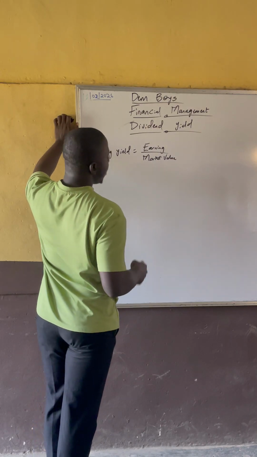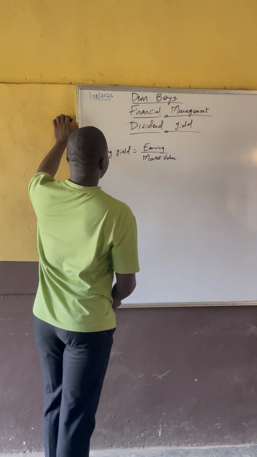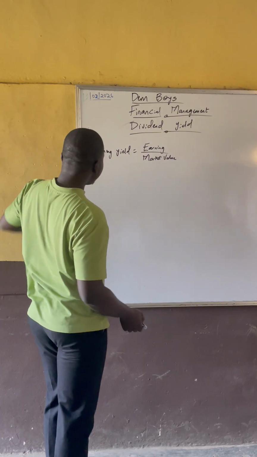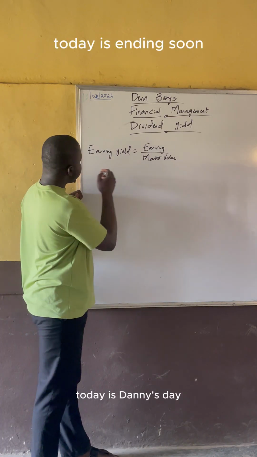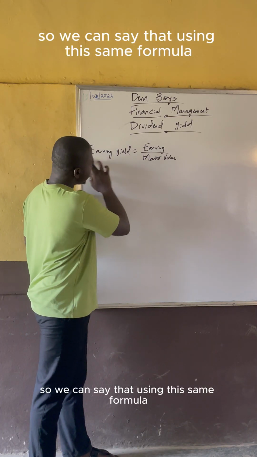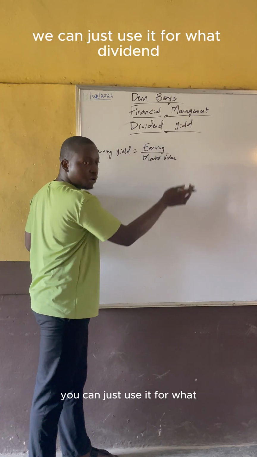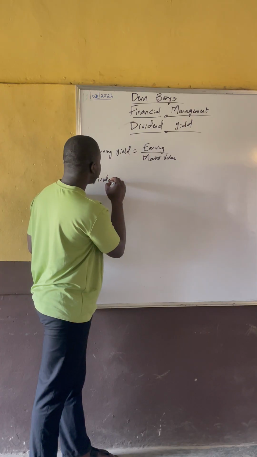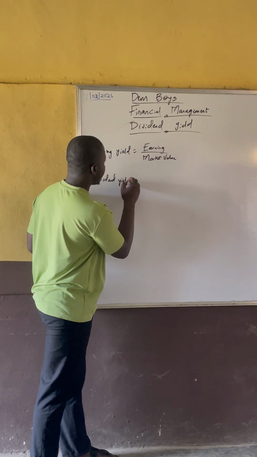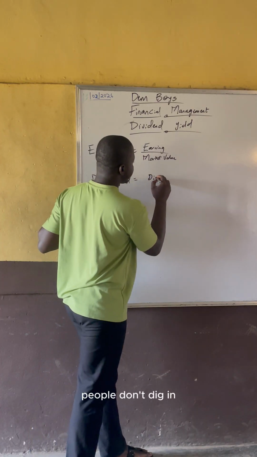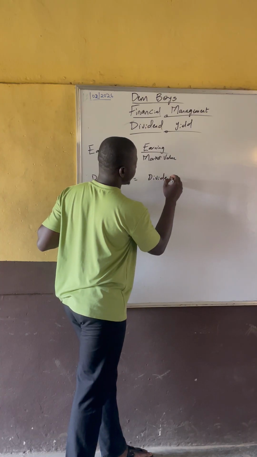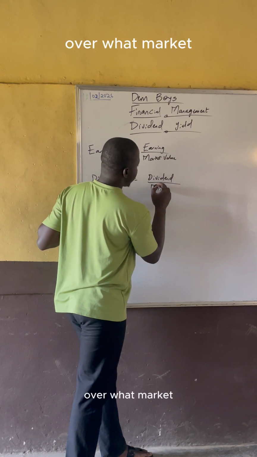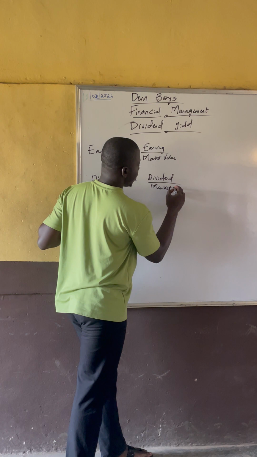Market value and market price. Now, using the same formula, we can use it for dividend yield. So we can say dividend yield equals dividend over market value.